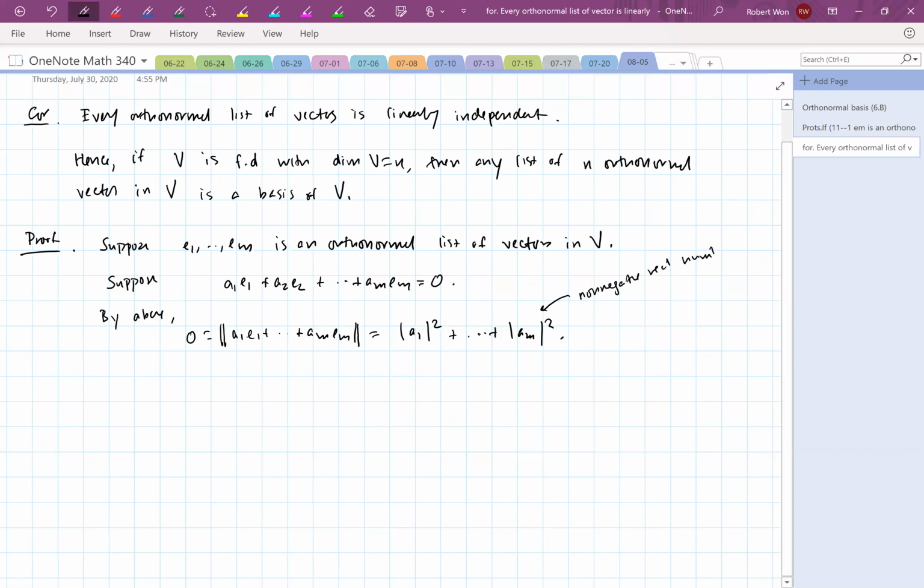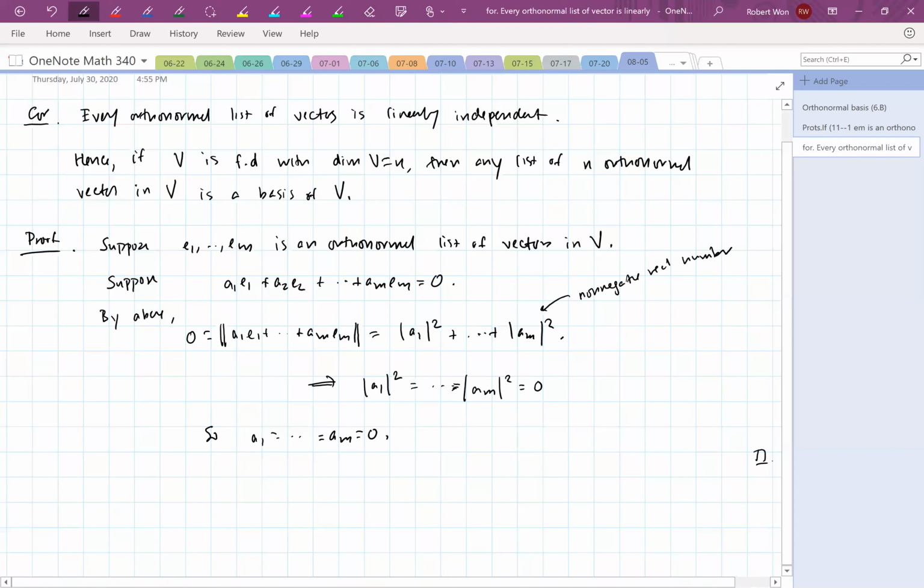So we're adding up a bunch of non-negative real numbers and getting 0. This means that each of these is 0. But the only real or complex number that has absolute value 0 is 0. And therefore, the only linear combination of the e's that gives you the 0 vector is the trivial linear combination. Therefore, they're linearly independent.